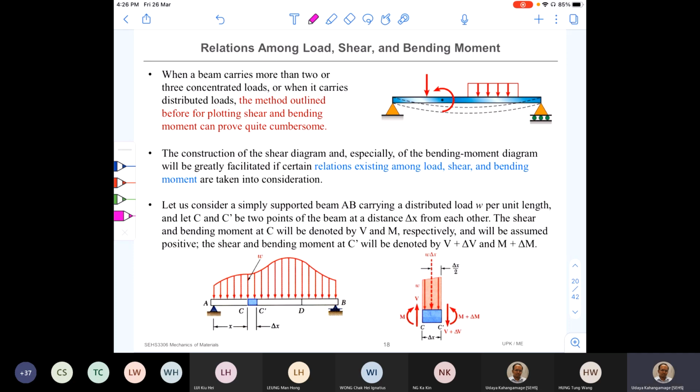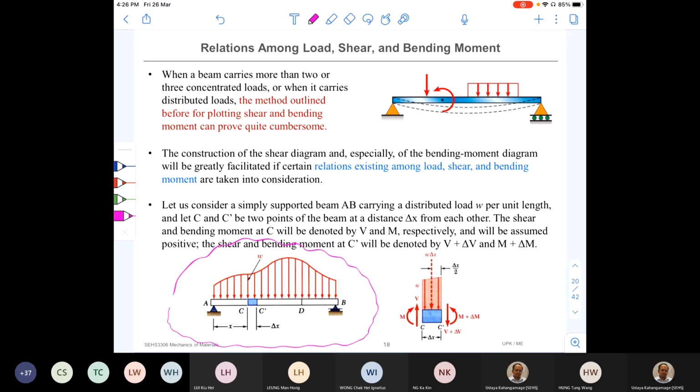In order to develop the relationship among the three things, load, shear, and bending moment, I'm going to take a generic example: a beam loaded with a distributed load like this.